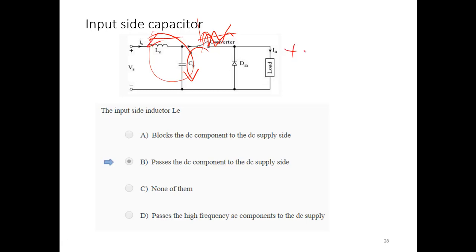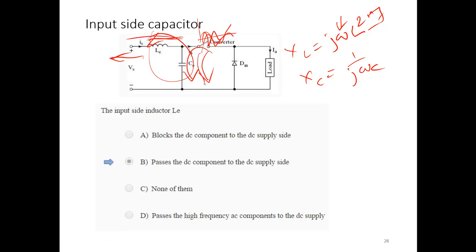The impedance of an inductor is j omega L, and the impedance of a capacitor is 1 over j omega C. If the frequency is high, such as the ripple or harmonic frequency, the inductor impedance will be large, 2 pi f L. The inductor gives a high impedance, so the harmonics cannot flow through to the supply. On the other hand, the capacitor provides a low impedance path at high frequency, so they flow through the capacitor instead.